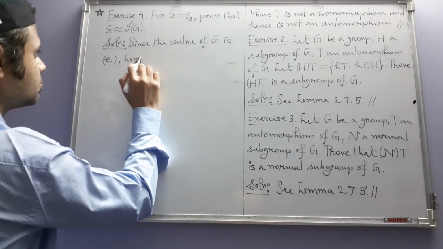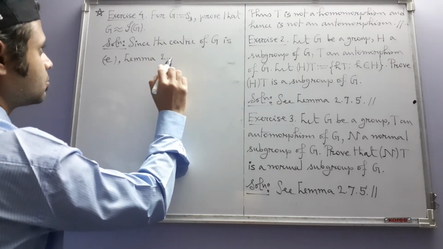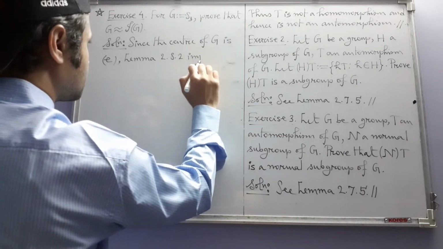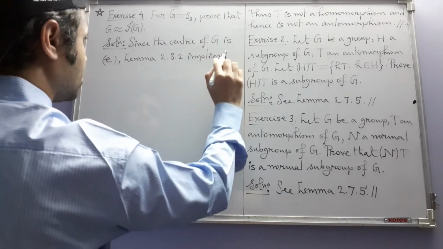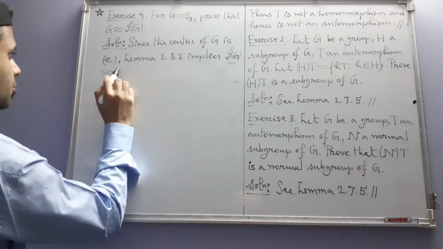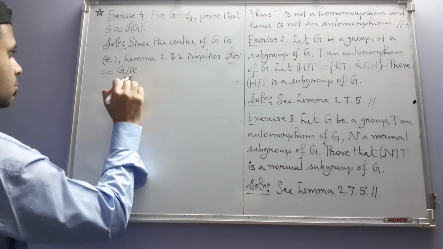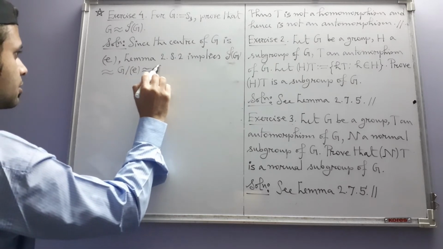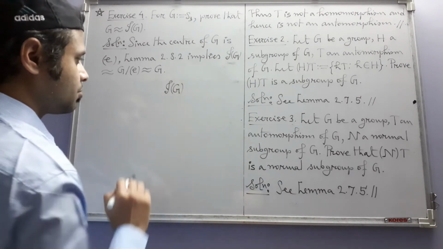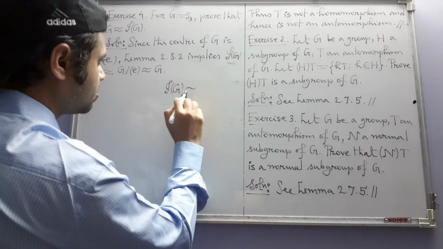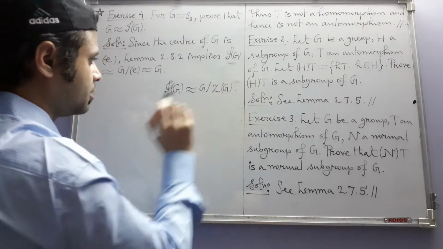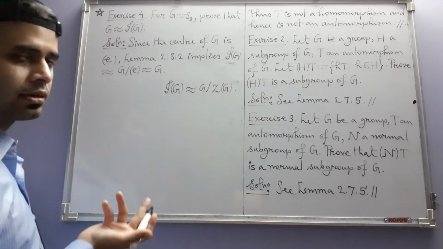Lemma 2.82 implies this is isomorphic to this, which itself is isomorphic to G. It is that result which says that the inner automorphism group of any group is isomorphic to the quotient of the group by its center. You recall this result? From that we directly get the thing.